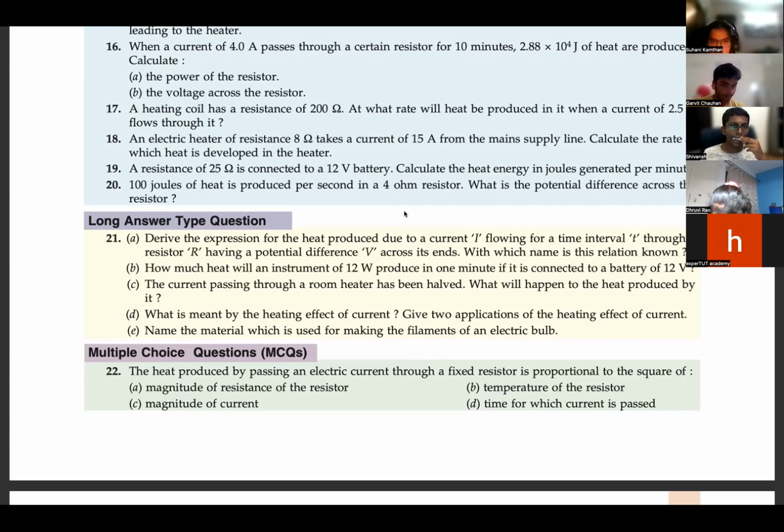The screen visible, 22. Suhani, what do you think about this problem? Should it be the A?